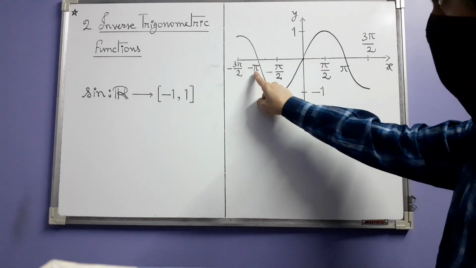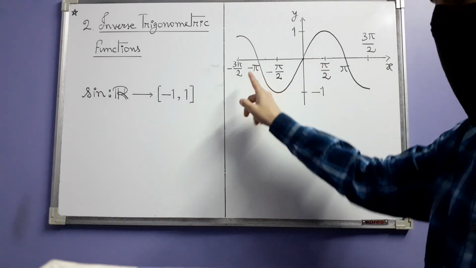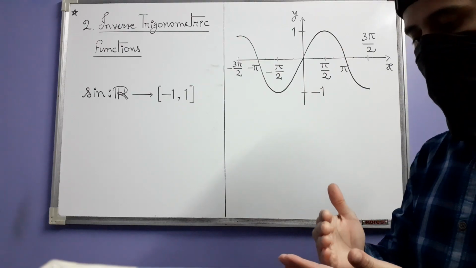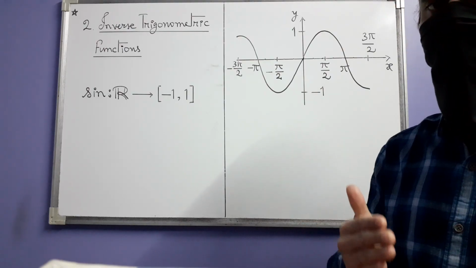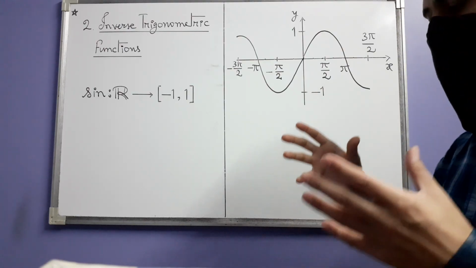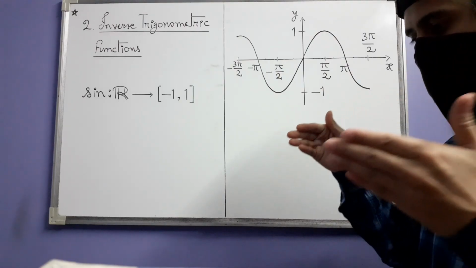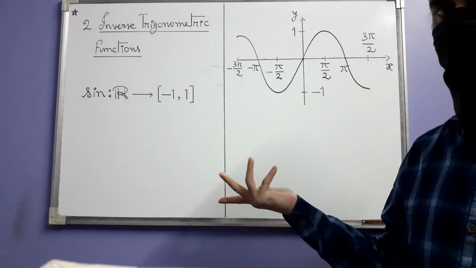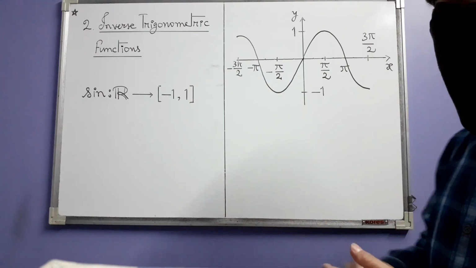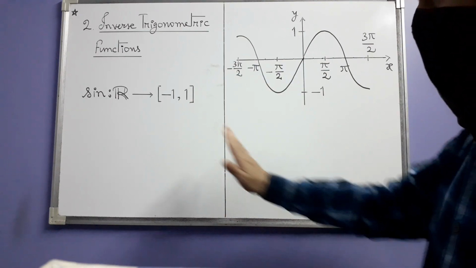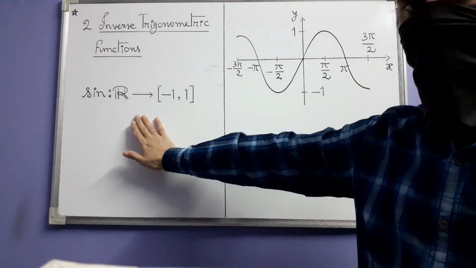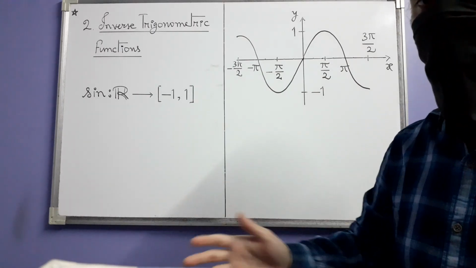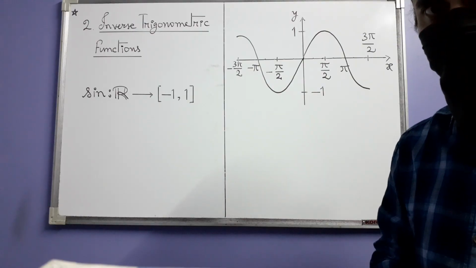Similarly, sine of minus pi is 0. In fact, sine of any integer multiple of pi is 0. So all those inputs give you a single output, which is 0. So obviously the function is not one-to-one, and as such, it does not have a traditional inverse. Or to put it simply, it just does not have an inverse.